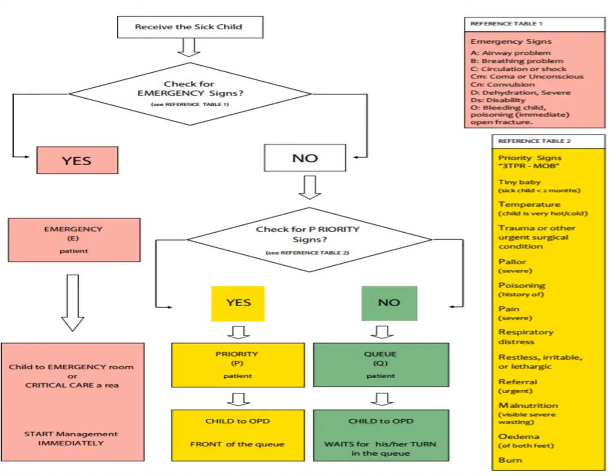Priority signs are checked by 3TPR MOB. If there is a priority sign, send the patient to the priority area, such as the OPD, or to the front of the queue. If there are no emergency and no priority signs, the patient should be sent to the queue and wait for his or her turn in the list. This is all about triage.